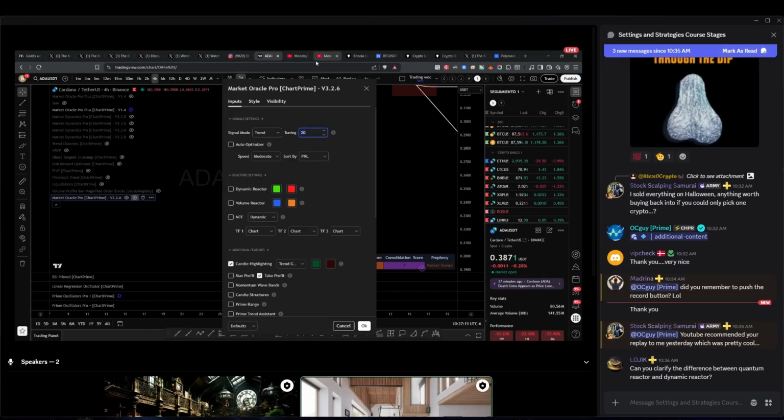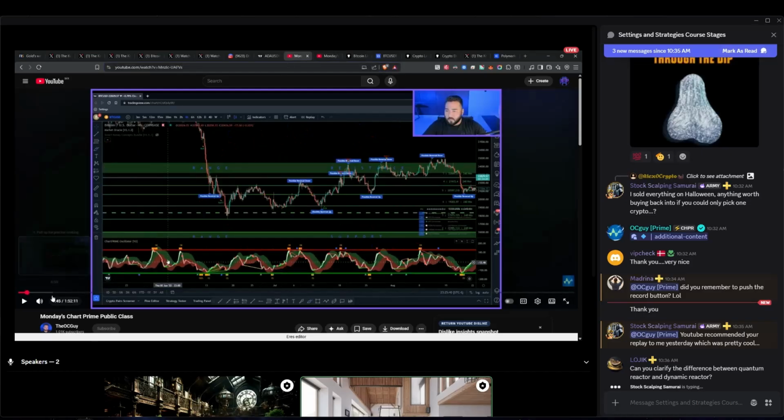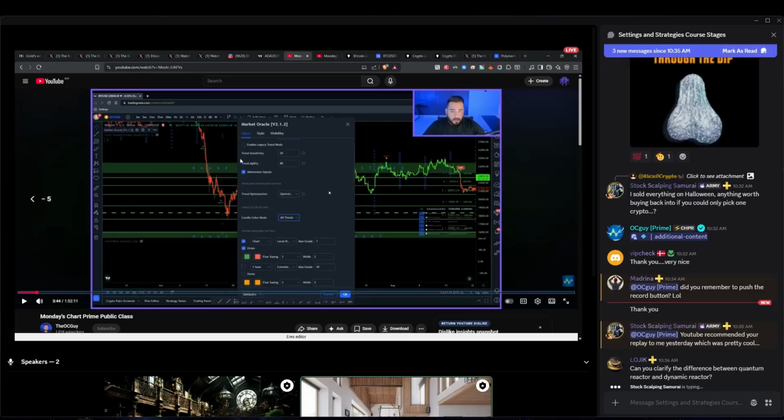And then the next most important part, and this is what I get most of the "hey, it's not the same" about, because your eyes don't catch it at the very first glance, but let's take a look. It is the settings in the Market Oracle. Trend sensitivity versus trend agility. Forget about that.